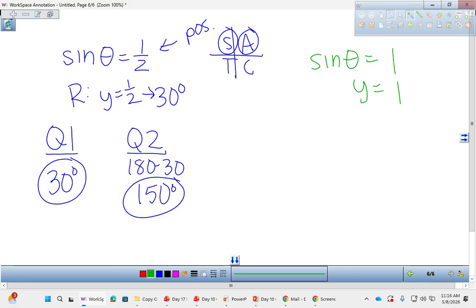Who gives me degrees? Look at your circle. Anybody have it? Where's the y value 1? It's 90 degrees. You see the difference between the two? I need you to be able to know the difference between the two and actually do the math.